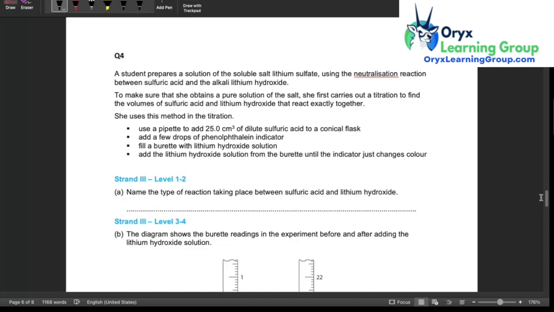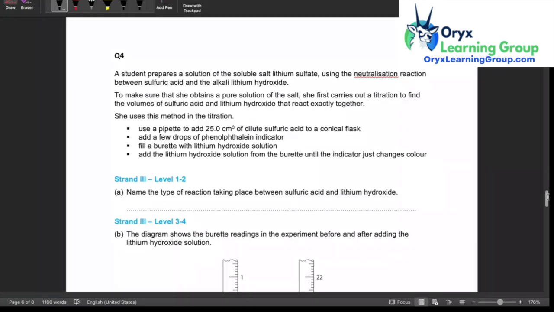A student prepares a solution of the soluble salt lithium sulfate using a neutralization reaction between sulfuric acid and the alkali lithium hydroxide. To make sure that she obtains a pure solution of salt, she first carries out a titration to find the volume of sulfuric acid and lithium hydroxide that reacts exactly together. She uses the method in the titration.